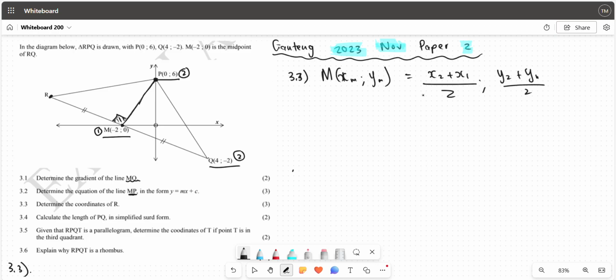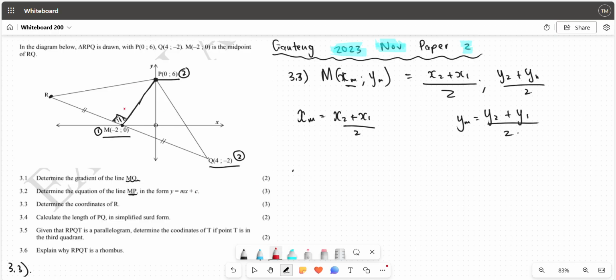So that's how you calculate the x coordinate of the midpoint using this formula here. So instead I'm going to extract it and say x of midpoint is equal to x2 plus x1 divided by 2. I'm going to extract the second one. The y of M is equal to y of 2 plus y1 divided by 2.